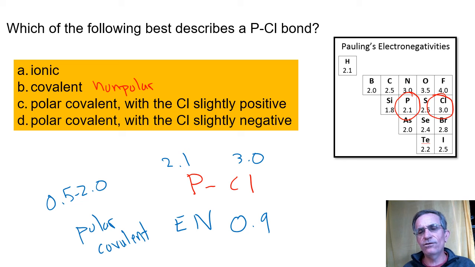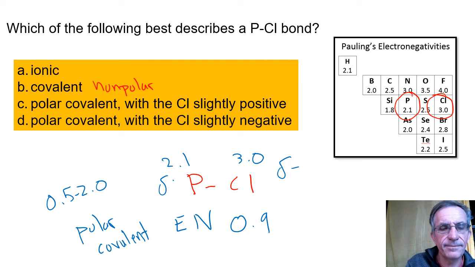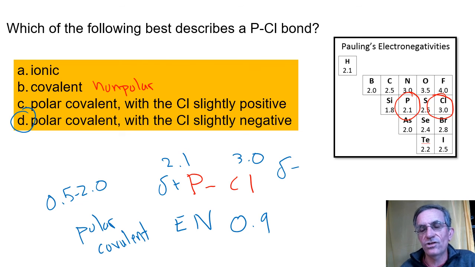Now, if it's unequal sharing, who's winning? The chlorine. Because he's winning, he's going to become a little bit negative. And just to be complete, the phosphorus would become a little bit positive. So the right answer, I think, is D. It would be a polar covalent with the chlorine with a little bit of a negative charge. Unequal sharing, chlorine becomes negative.